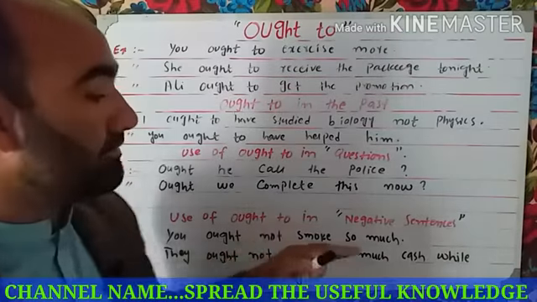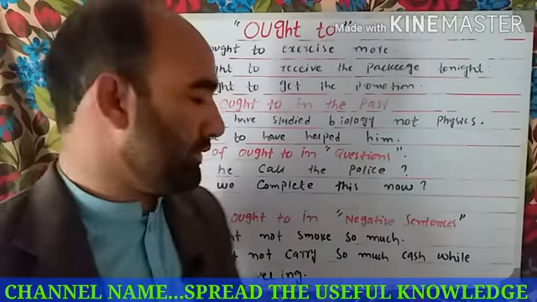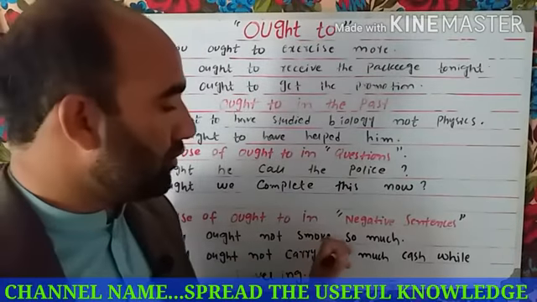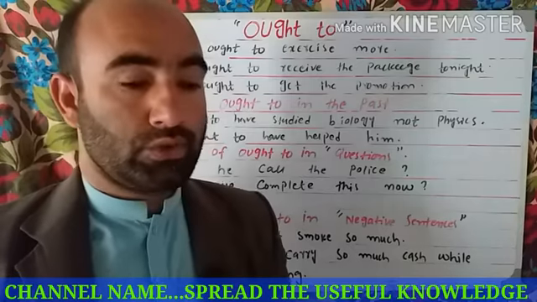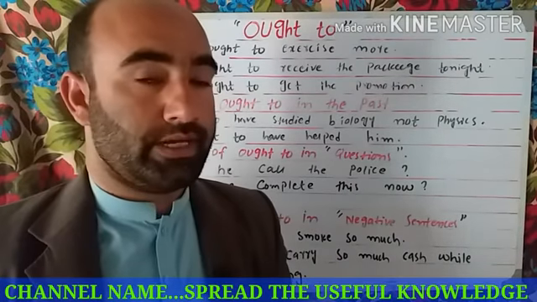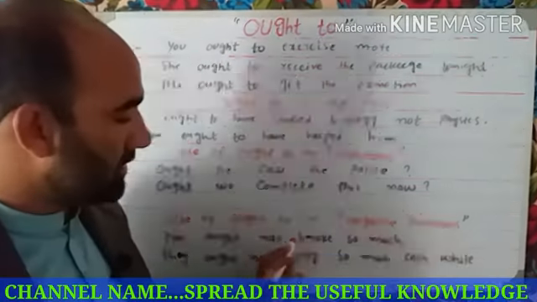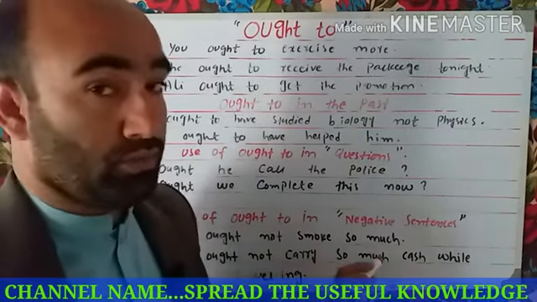And in the negative sentence, how can we use ought to? You ought not smoke so much. So for prohibition, when something is prohibited, we also use ought to. You cannot say here, you ought not to smoke. No, not at all.